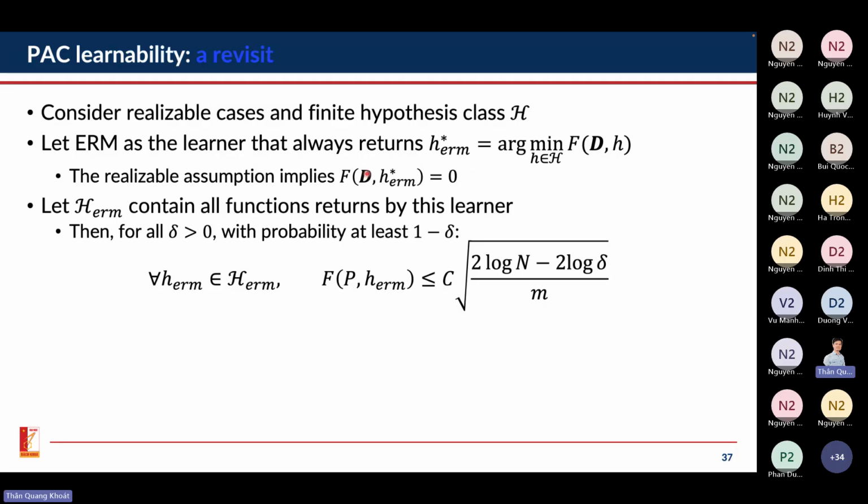So in that case, the empirical error is also zero. So applying the results before, we obtain this result. We can estimate the test error for any model returned by the ERM algorithm, and the test error is upper bounded by this quantity.